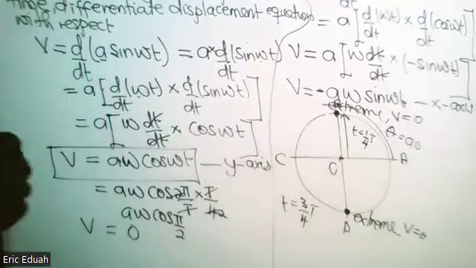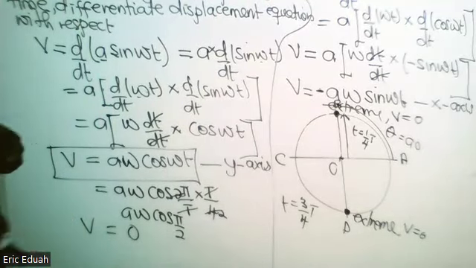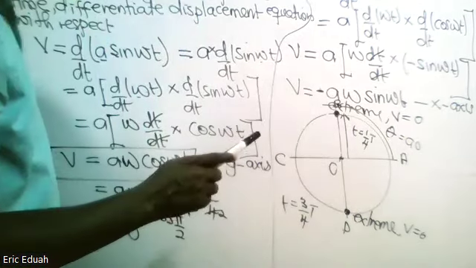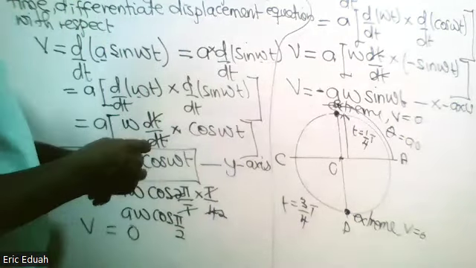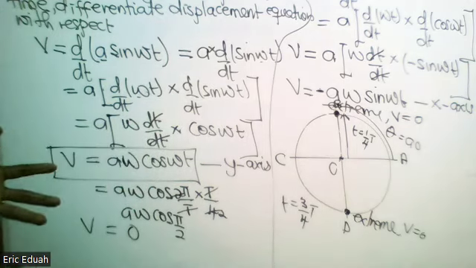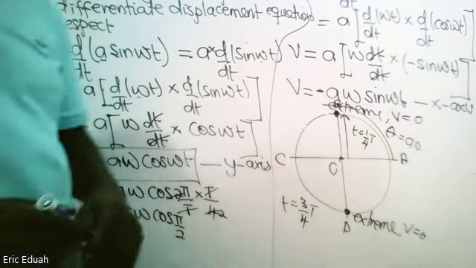Okay. So please note that for a body executing simple harmonic motion, velocity at the extremes is equal to 0. We'll look at where the body has maximum velocity and all that on Monday.